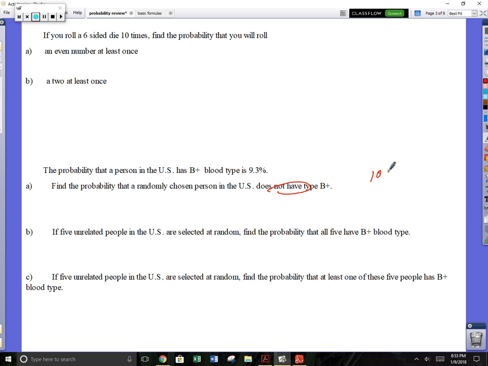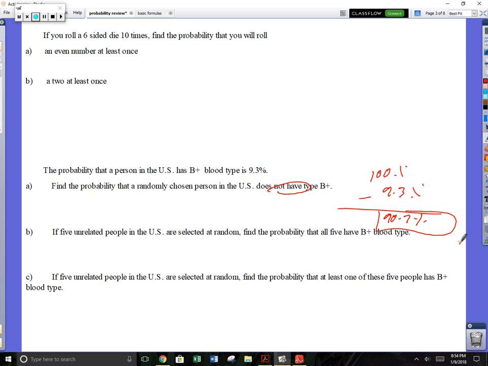So it's going to be 100% minus 9.3%. So the chances of randomly picking some dude off the street not having it is 90.7%. Okay, that was kind of a logic question, so no fancy formulas there.